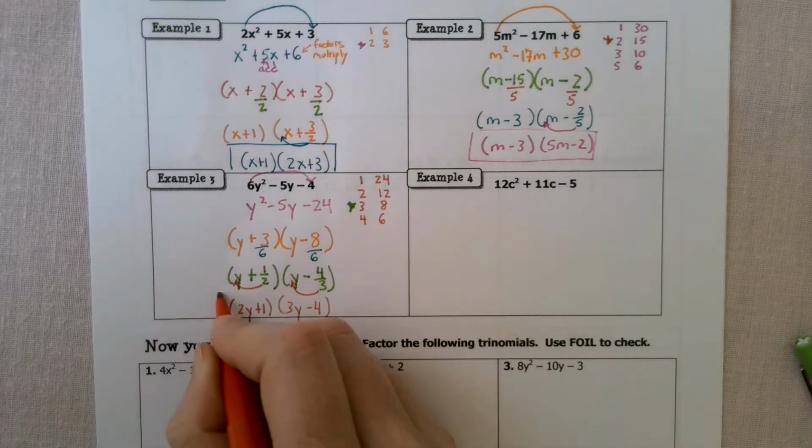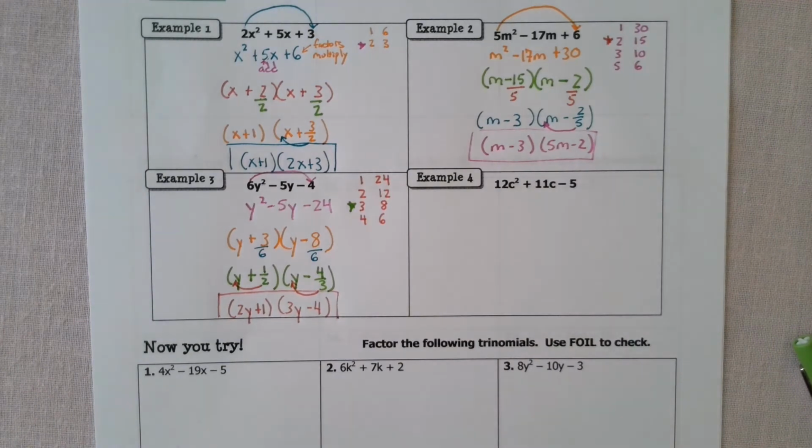Okay, and that is going to be our answer. Now, if you guys notice, these answers look awfully similar to our intercept form that we did when we were working with graphing quadratics. And this is why we do this, because it automatically gives us our solutions when we are graphing quadratics. And remember, our solutions are our x-intercepts, our roots are zeros.